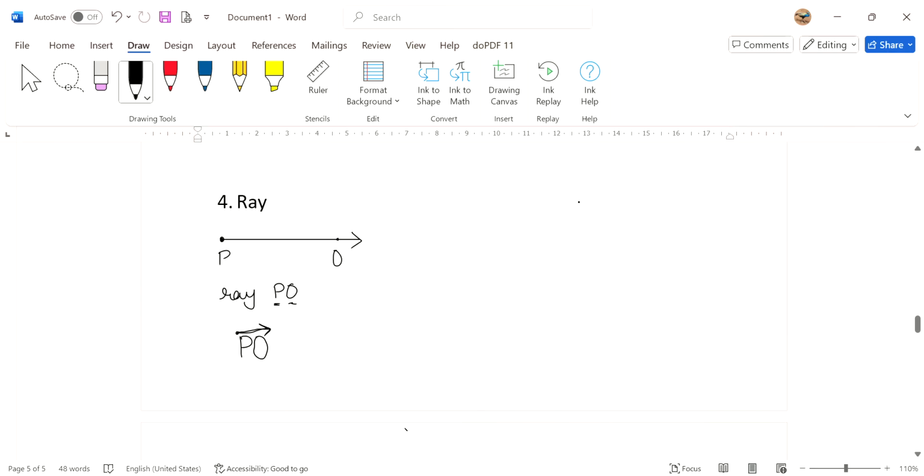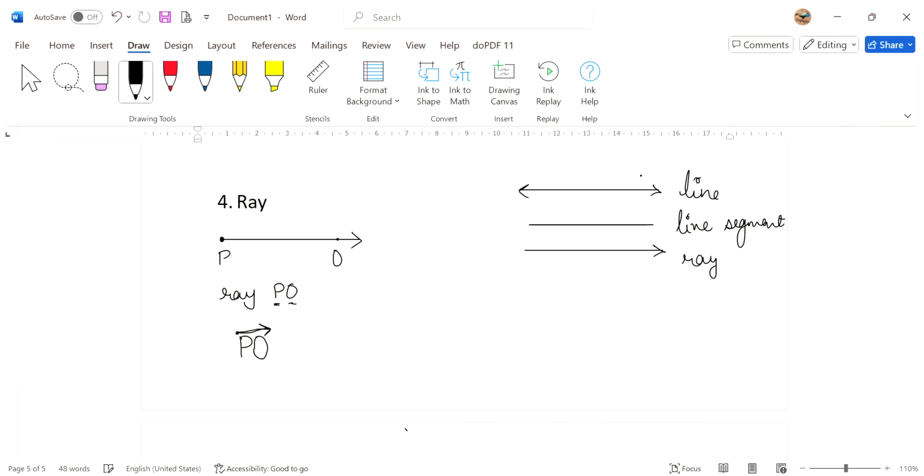Once we are clear with all of this, let us do a small side-by-side comparison so you are not confused. Alright. First of all, you have a line, which is like this. Then you have a line segment, which is like this. Then you have a ray, which is like this. Okay. Now line, line segment and ray.